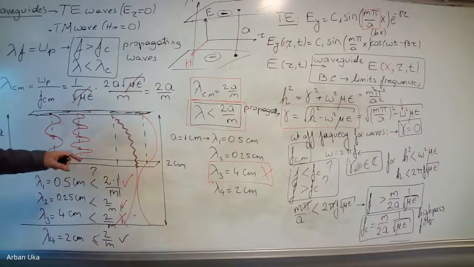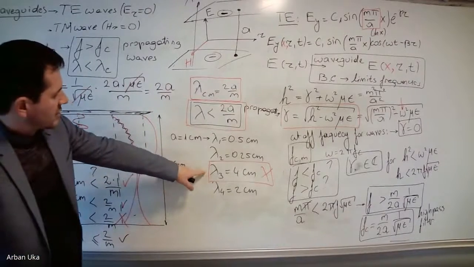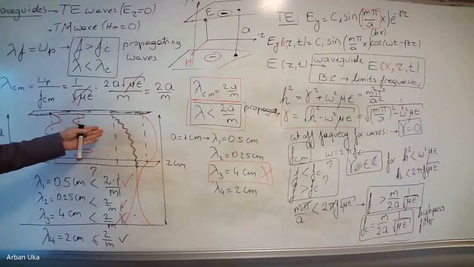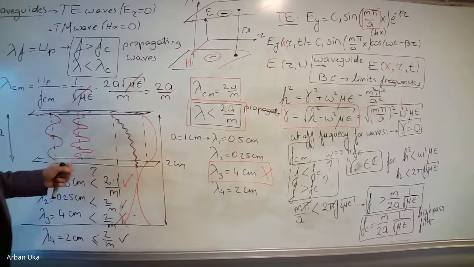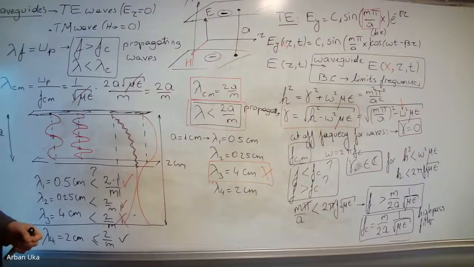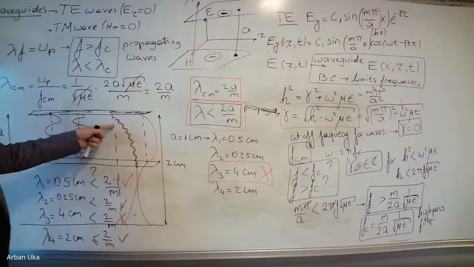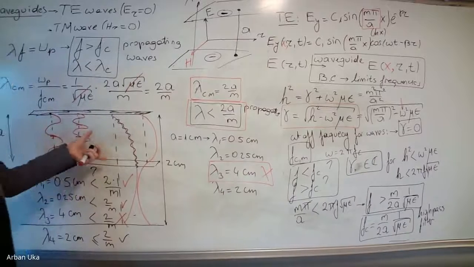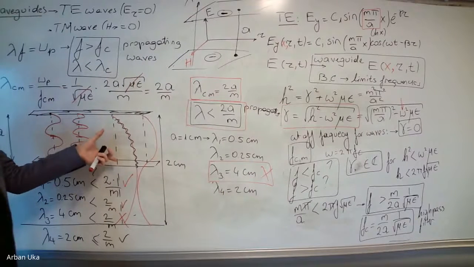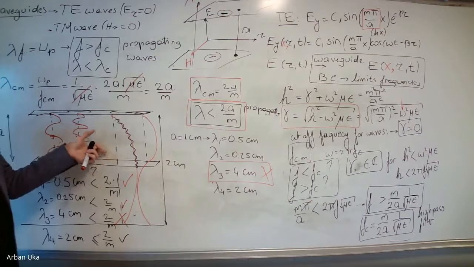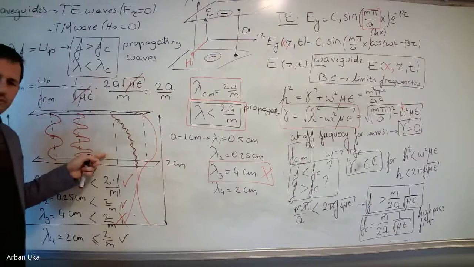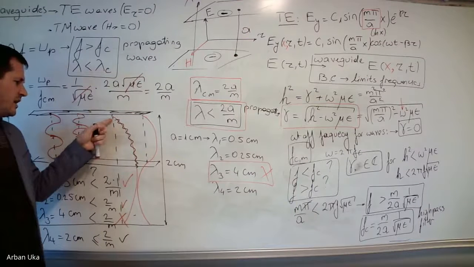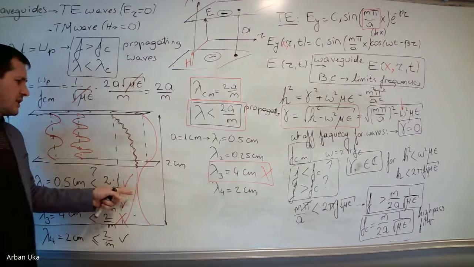When lambda is equal to 4 centimeters, this is larger than the boundary condition, and in a very folkloric way, we can say that this wave simply does not fit. Okay, because the waveguide apparently allows wavelengths which are equal to the distance between the two plates times 2. But if the wavelength is larger, it will simply not match, not fit, right?